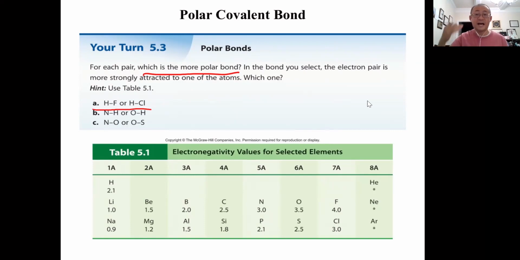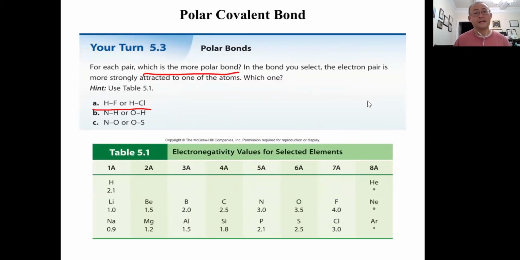So fluorine has higher electron activity, making the difference between F and H greater than between Cl and H. If that's the case, the HF bond has a greater difference and bigger polarity, so it is more polar.